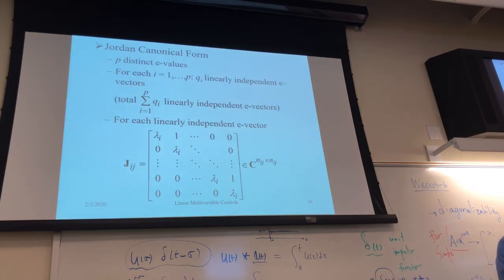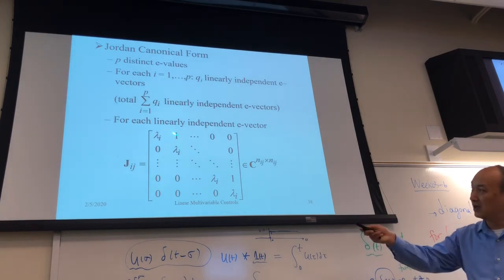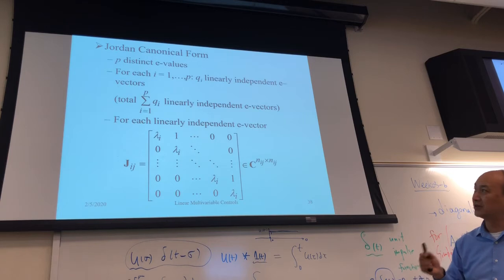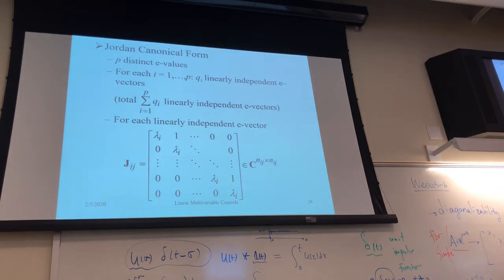Then each of the linearly independent eigenvectors has a multiplicity here. So you have something like this, with a 1 all the way along. This is called a Jordan block, Jij.